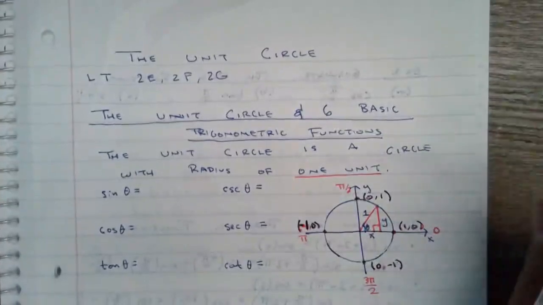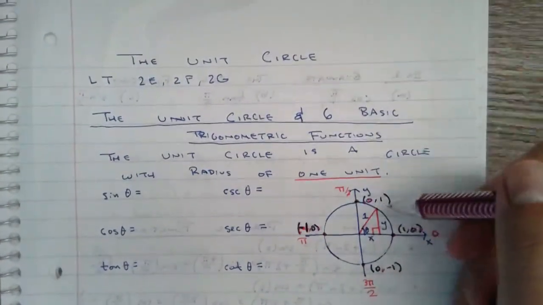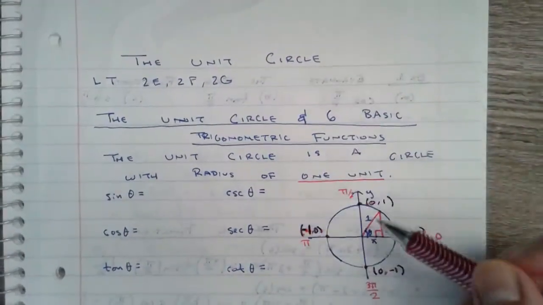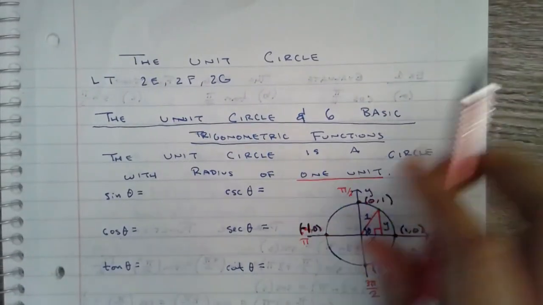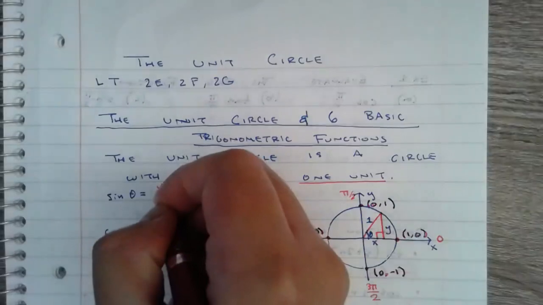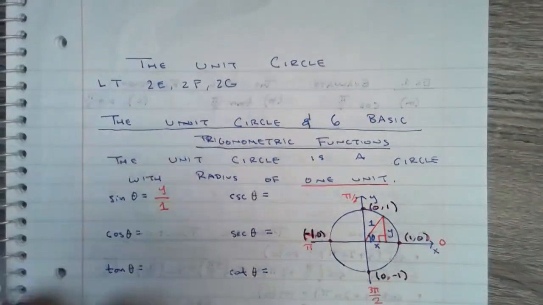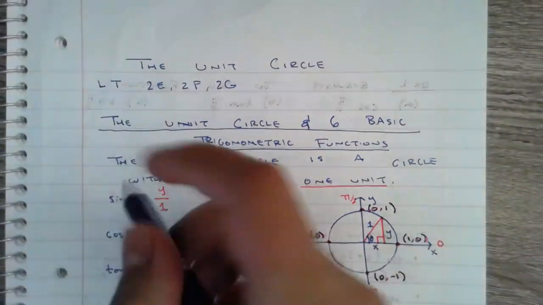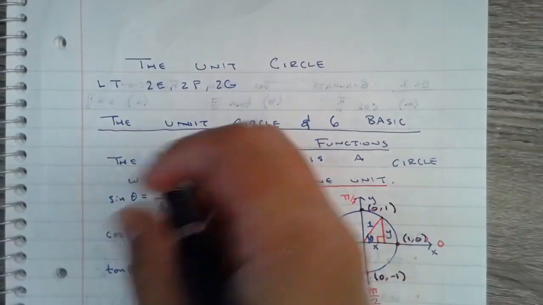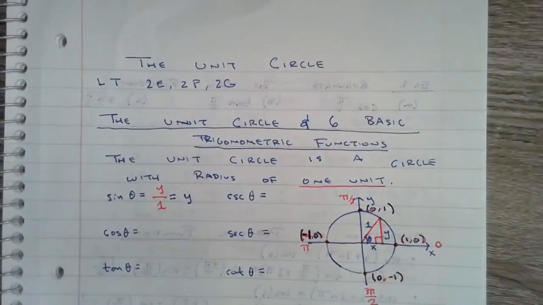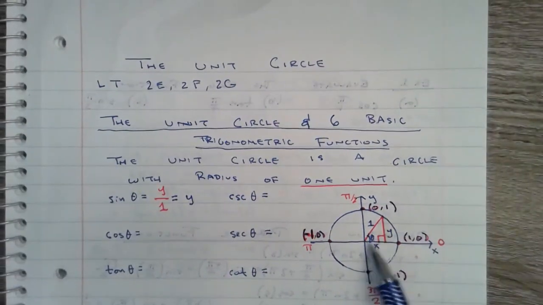Okay, so now let's go from there. We're going to find the sine of theta. Sine of theta, remember, is opposite over hypotenuse. So your opposite is y, all over 1. And what's anything divided by 1? It's just that anything. So therefore your sine of theta is equal to y. Your cosine of theta, that's adjacent, which is your x right here, over your hypotenuse.